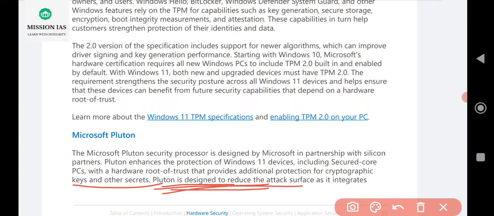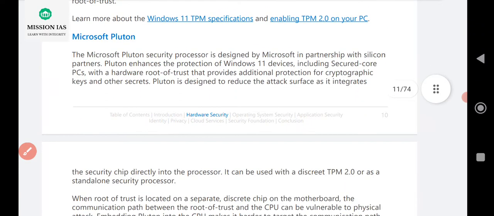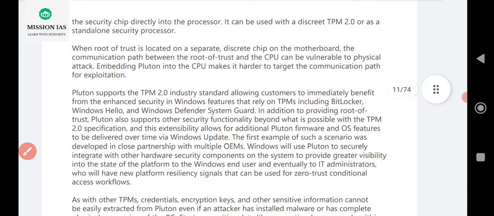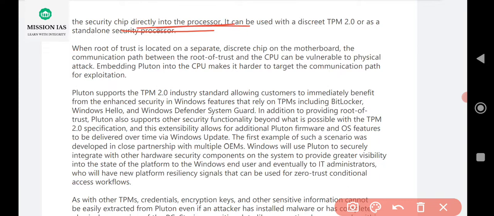Pluton is designed to reduce the attack surface. It is integrated, the security chip, directly into the processor. It can be used with a discrete TPM 2.0 as a standalone security processor.